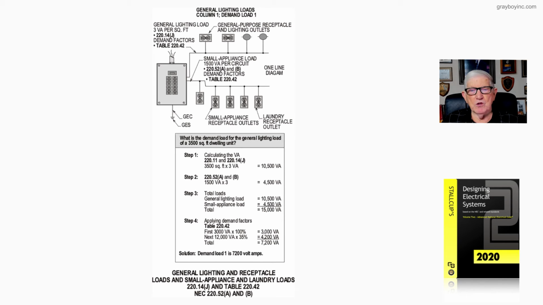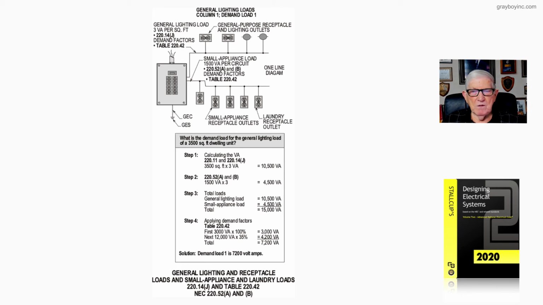We take the first 3,000 at 100%, 3,000 from 12,000 now at 35% would give 4,200, a total of 7,200 VA. So the demand load, when calculated, comes up to 7,200 VA.